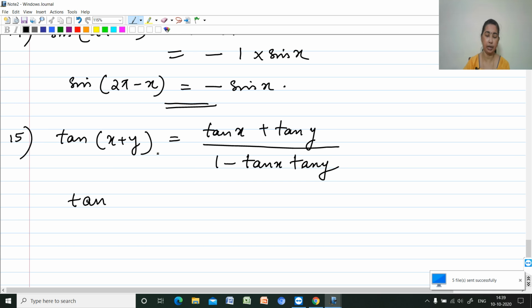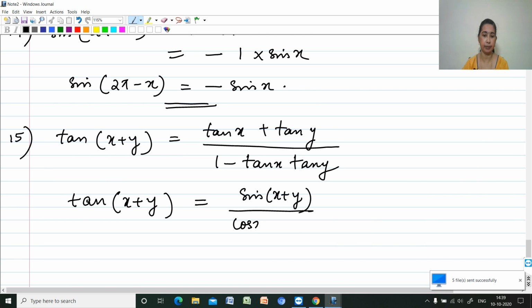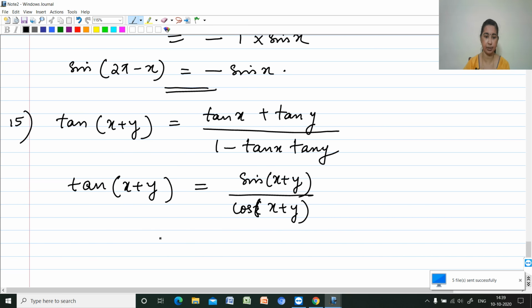So, start with tan of x plus y. Tan of x plus y is equal to sine of x plus y divided by cos of x plus y. And we know the identity for sine of x plus y and cos of x plus y. Sine of x plus y is sin x cos y plus cos x sin y.